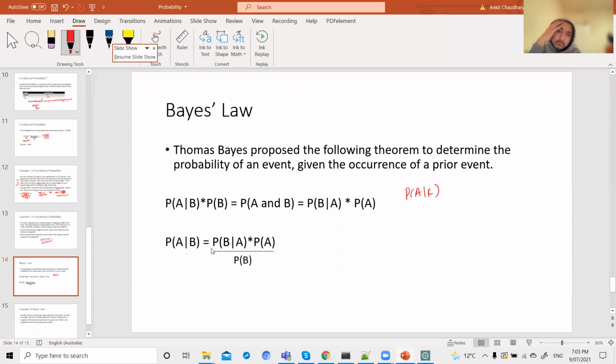How does this come about? It is because of conditional probability: the probability of A given B is the probability of A intersection B divided by the probability of B, right? This is the formula for conditional probability.